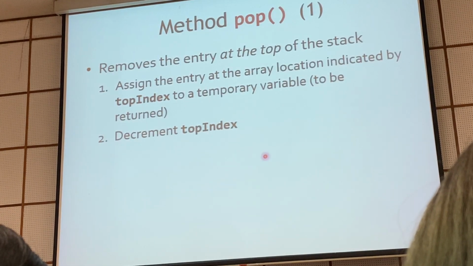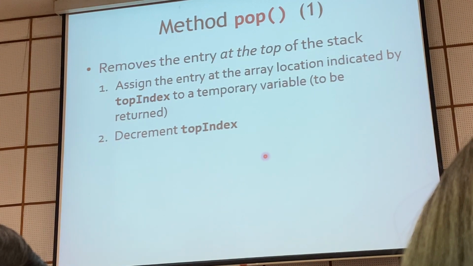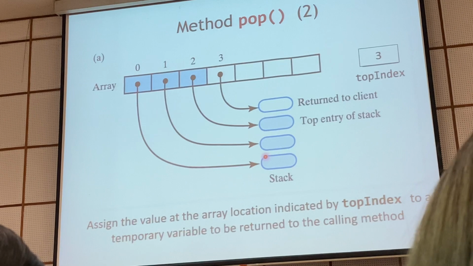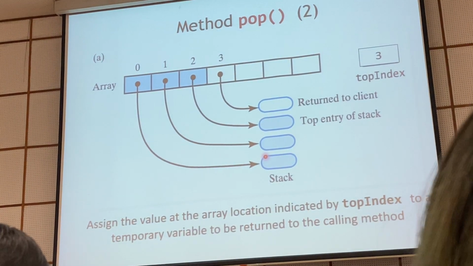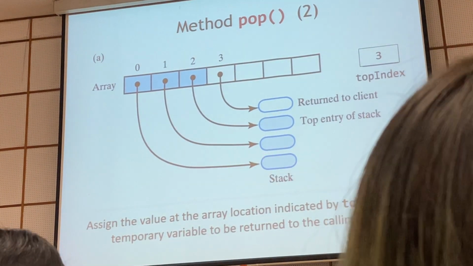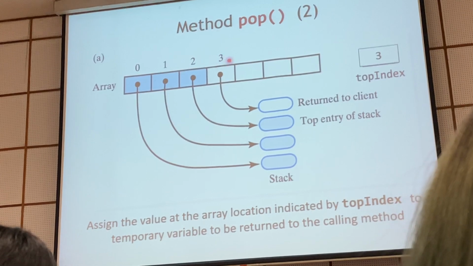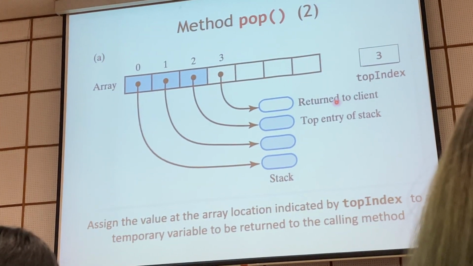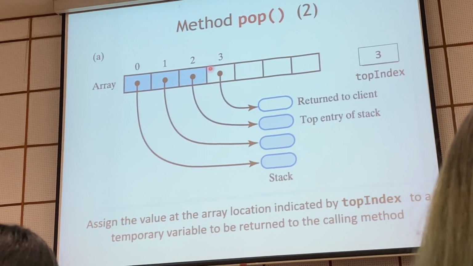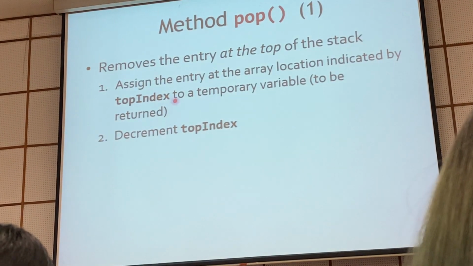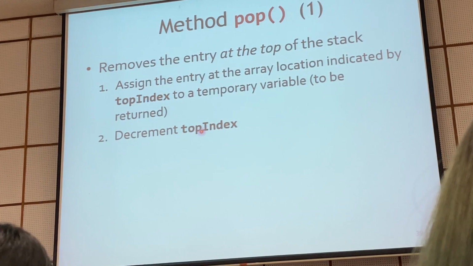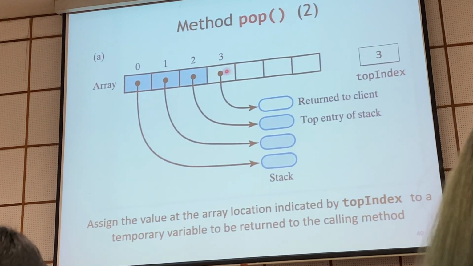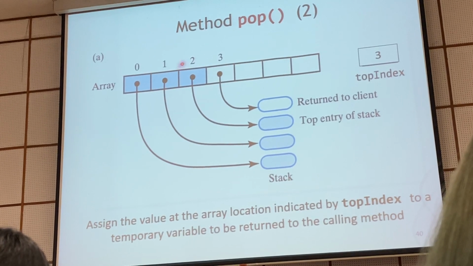Now let's finish this, then we take a break. To illustrate pop, value 3 we want to return to the client. When we decrease the top value, initially our top index is 3, now our top is 2.